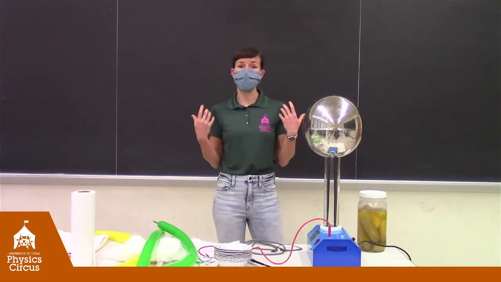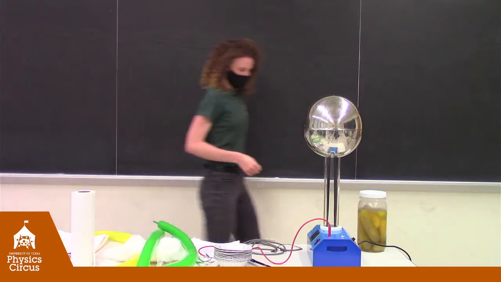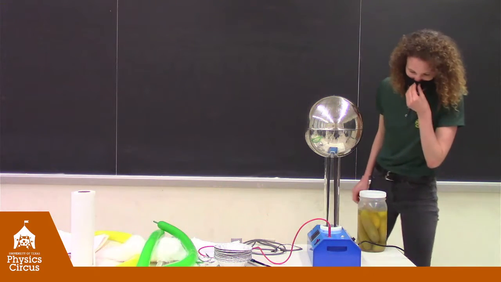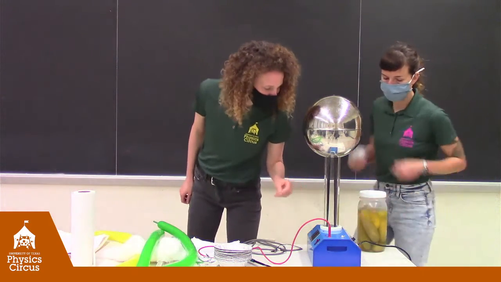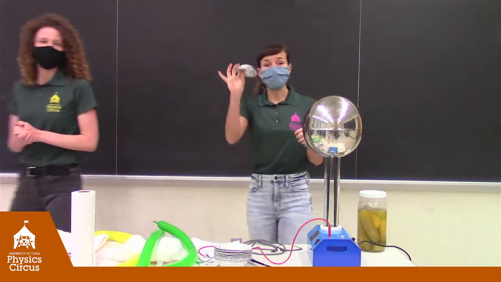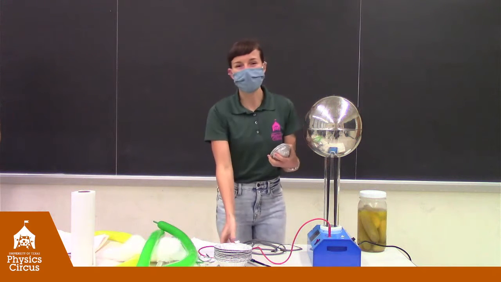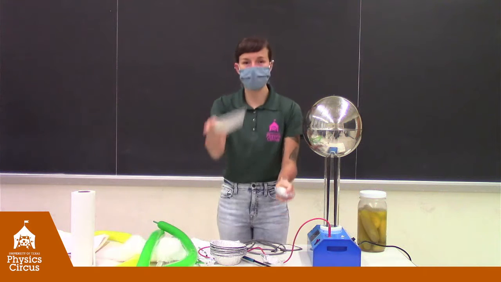Maybe think about a reason why this might not be working. Good thing we've got tiny pie tins, and what's the difference between one of these guys and one of these guys?